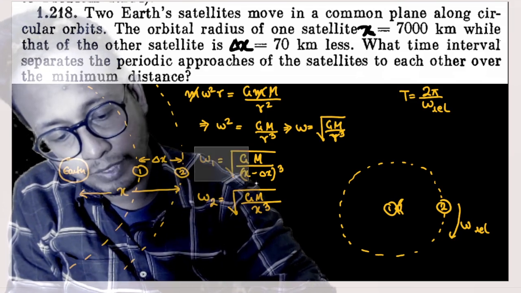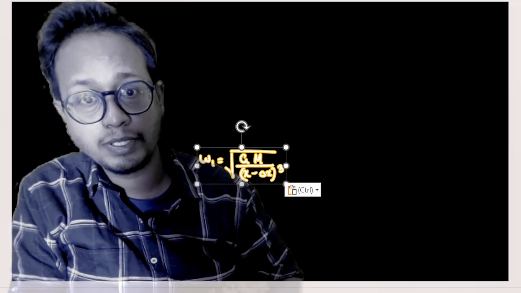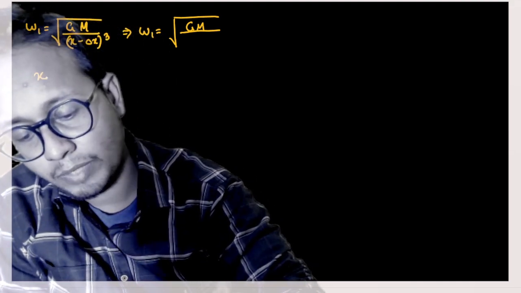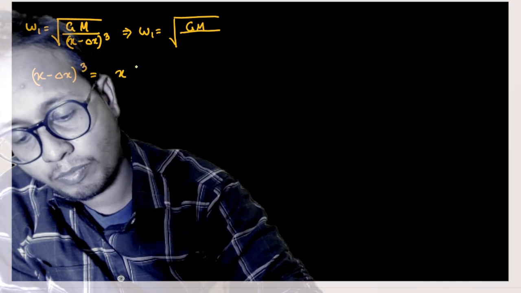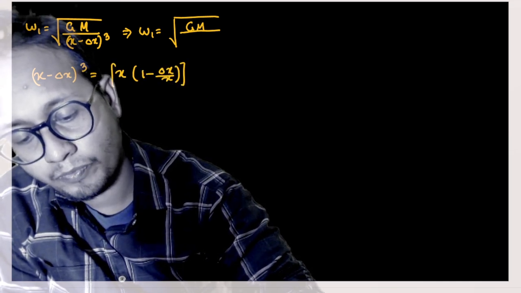Let me copy this term. I'm taking this term and I'll simplify it. Omega 1 is equal to under root of GM divided by x minus delta x cube. I'll simplify x minus delta x cube separately. It is equal to, taking x common, x cube times 1 minus delta x by x, whole cube.